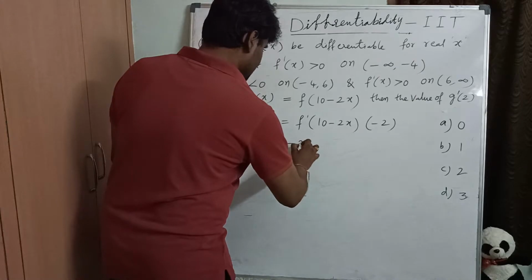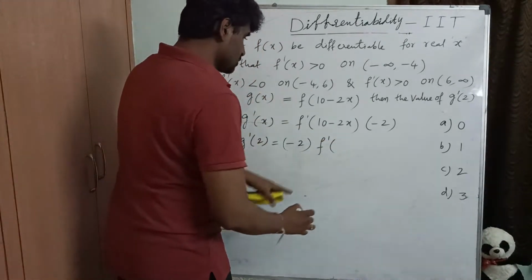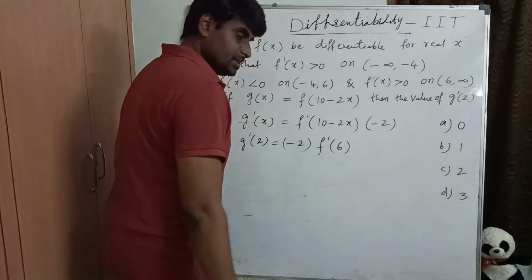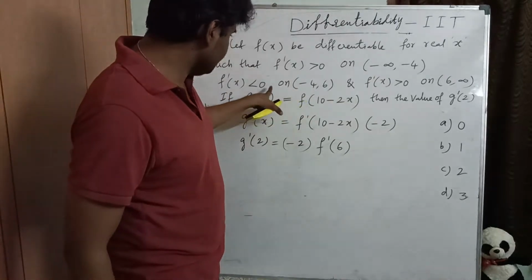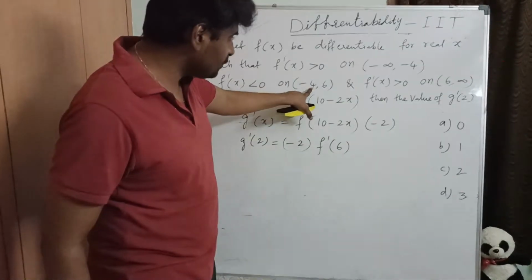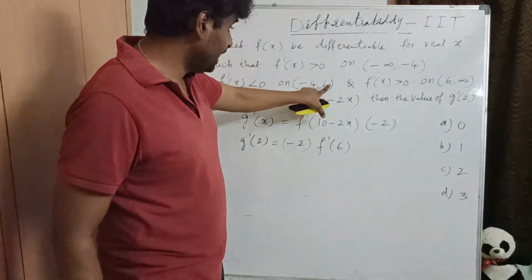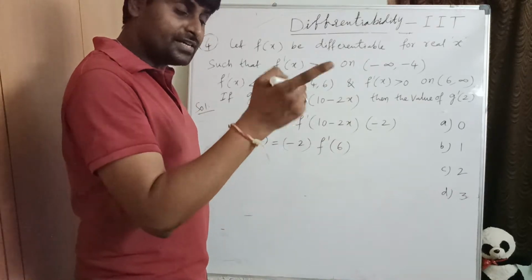Minus 2 into f dash of, if you substitute 2 there, f dash of 6. Is 6 included in the interval? f dash of x is less than 0 on minus 4 to 6. What about 6? At 6, f dash of x is 0. So f dash of 6 is 0.